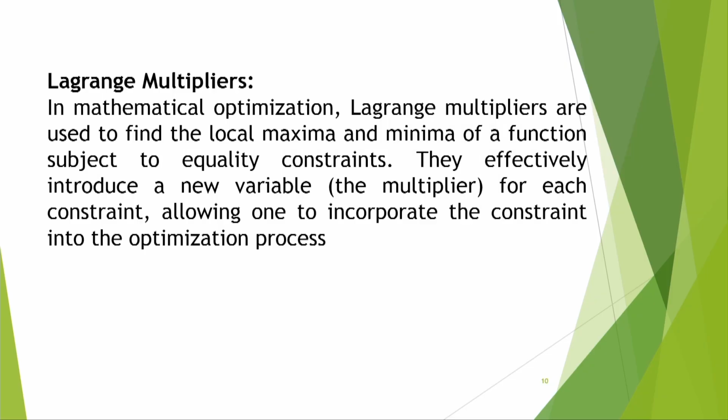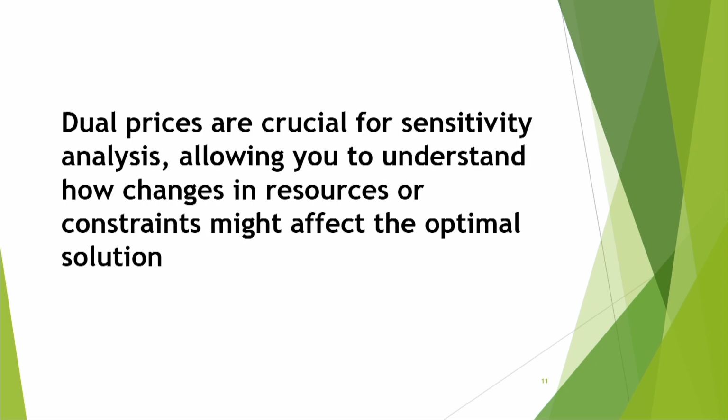Therefore, as if the other constraints are inactive, that type of thing can be considered. So it can be converted into a problem where you have only equality constraints. Lagrange multipliers effectively introduce a new variable, the multiplier for each constraint, allowing one to incorporate the constraint into the optimization problem.